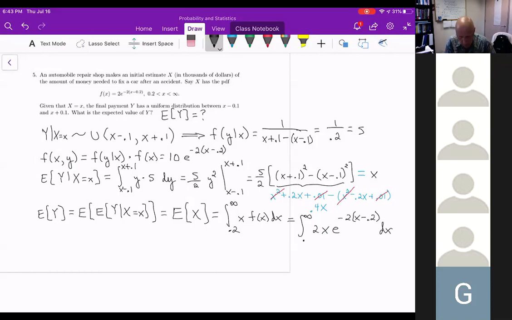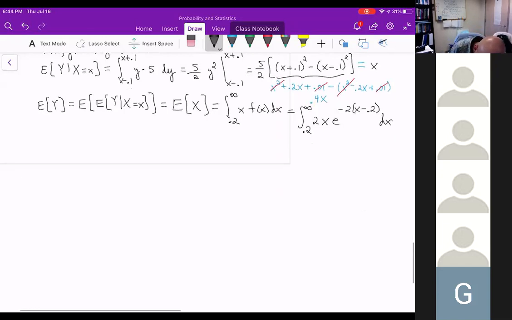Now you can manipulate, try to simplify if you want a few different ways, but I'll leave it up to you which way you want to do. So that power might be bugging you. It's not an especially attractive power. So I'm going to choose to make use of u substitution initially.